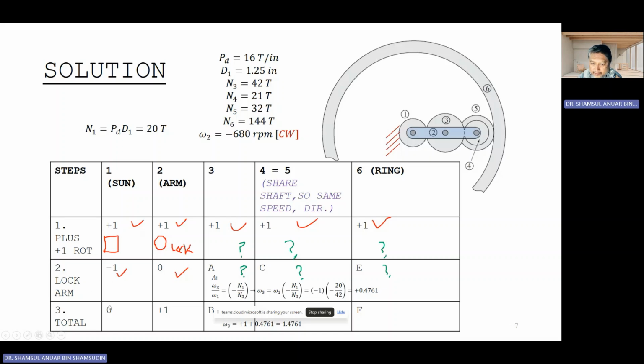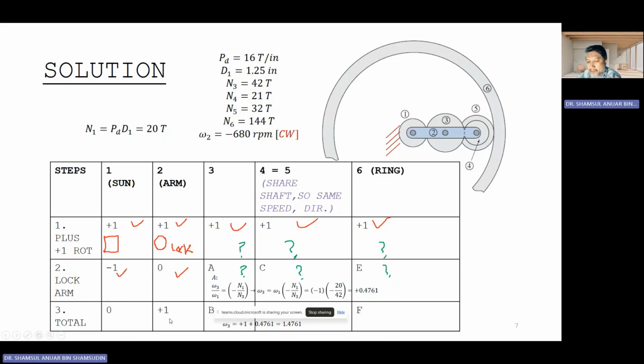And then in the second step, we lock the arm, meaning here will be 0, and for the third step, this one will be 1.